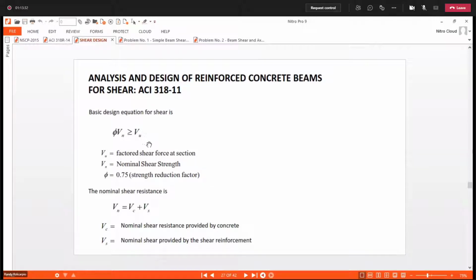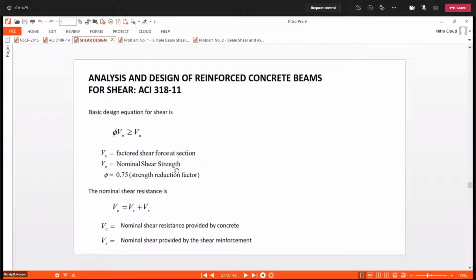What is Vu? Okay, our φVn is the factored shear strength of the beam, while Vu is the factored shear force at a particular section. This means it is the shear at a particular section, at a particular distance x in your beam. You can get this from the shear diagram.